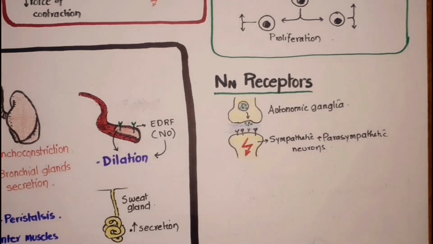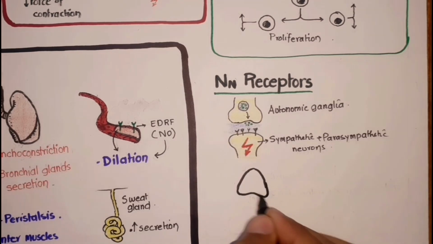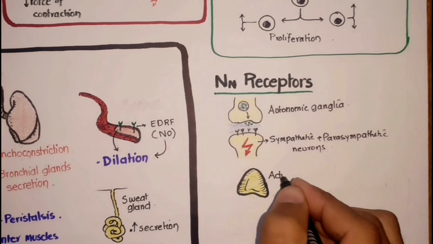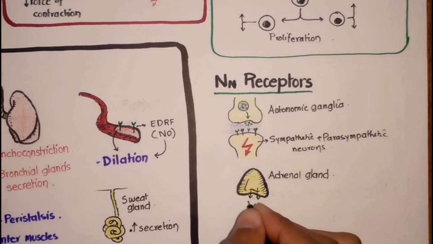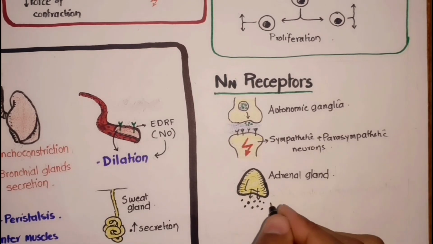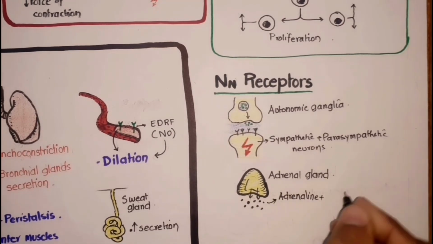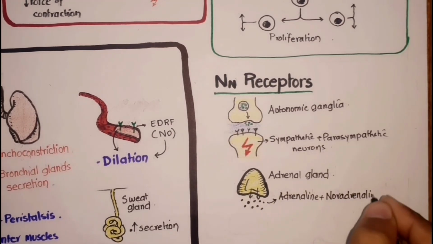Also, the nicotinic receptors on adrenal medullary cells are neuronal nicotinic, which in response to stimulation lead to the release of catecholamines, that is adrenaline and noradrenaline.